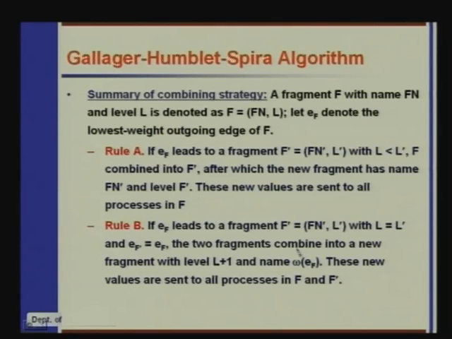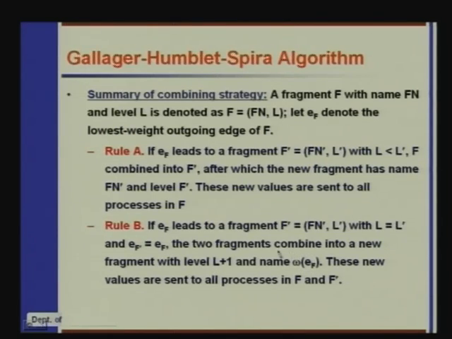If the two fragments which are joining, namely f and f dash, are in the same level, that is L equal to L dash, then they join by creating a new fragment of level L plus 1, and the name of the new fragment is the weight of the core edge.